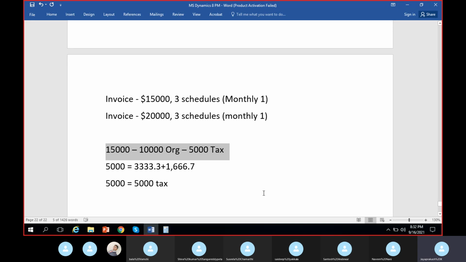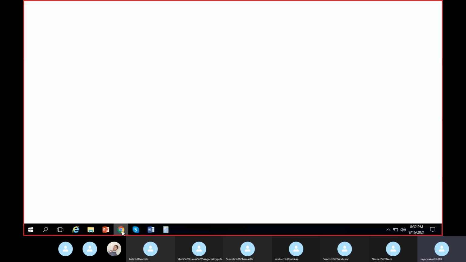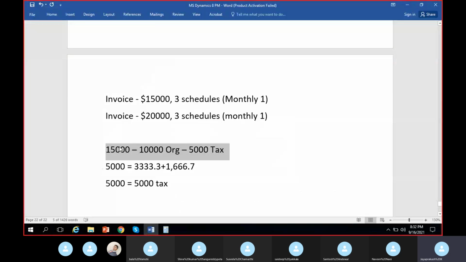Okay. This is how the system wants to account the tax that we are paying on these particular schedules. We are paying it in 3 schedules, 5,000 for each schedule. So we have 10,000 here and 5,000 here in the tax. In this 5,000, how does the system take the tax? How does the original amount have to be calculated, how does the tax have to be accounted?